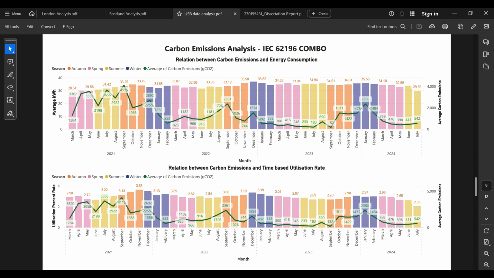And the time-based utilization reached a peak in the November month of 2021. So if we closely analyze, there is not much variation in the values, but the energy consumption is higher in winter. Also, the carbon emissions align with the energy consumption.